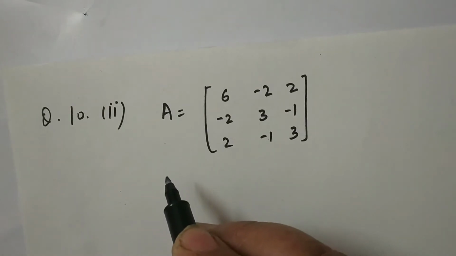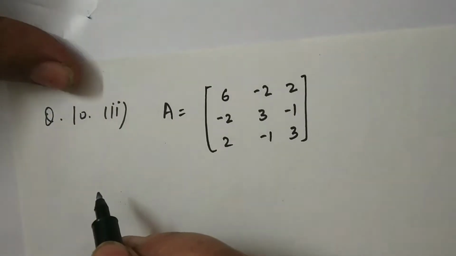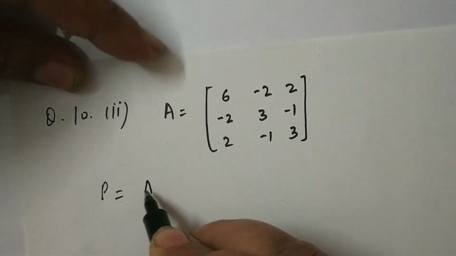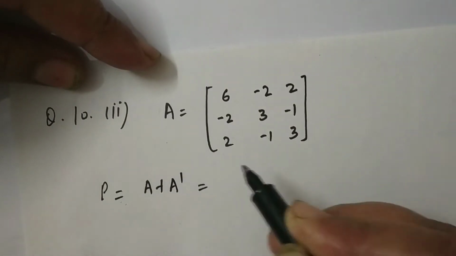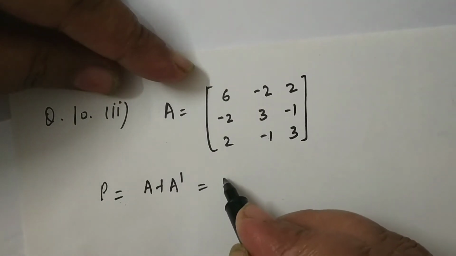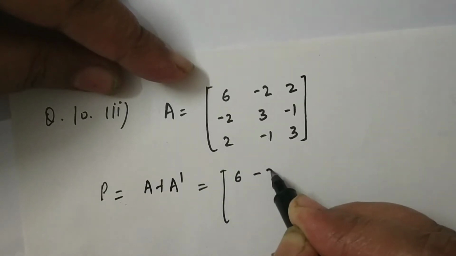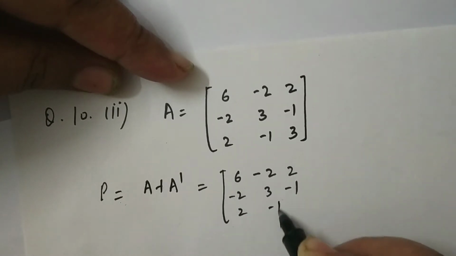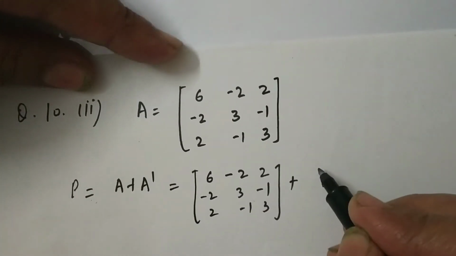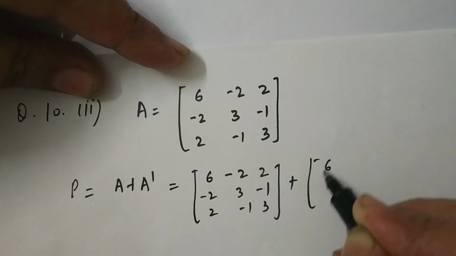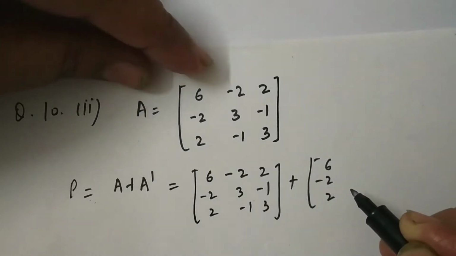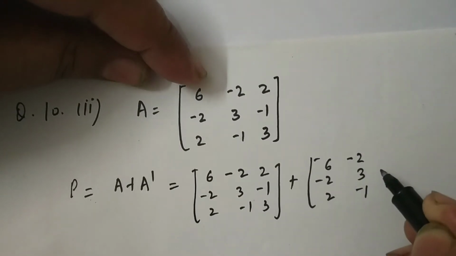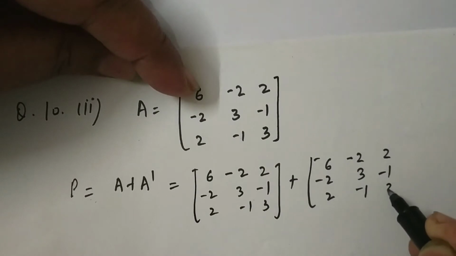Now, what I need to find first, for finding the symmetric matrix, how can I write? Let P is equal to A plus A transpose. What will it be? It will be [6, -2, 2; -2, 3, -1; 2, -1, 3] plus [6, -2, 2; -2, 3, -1; 2, -1, 3].